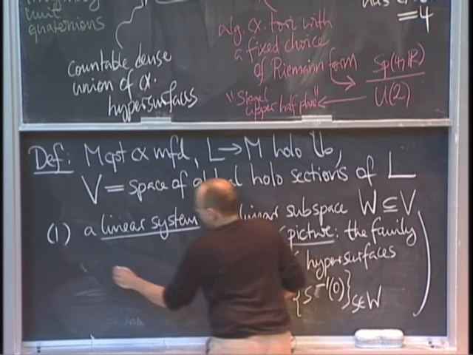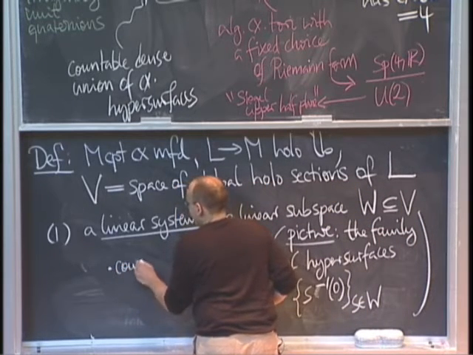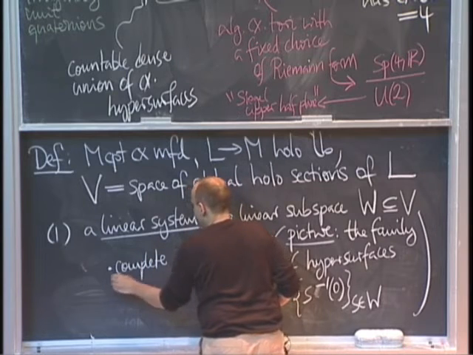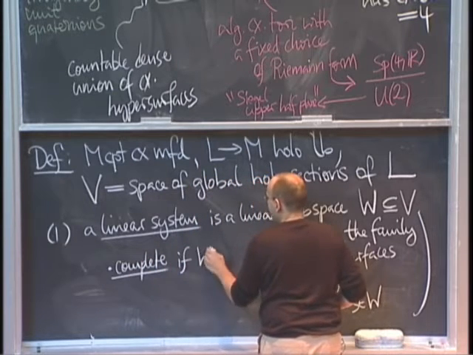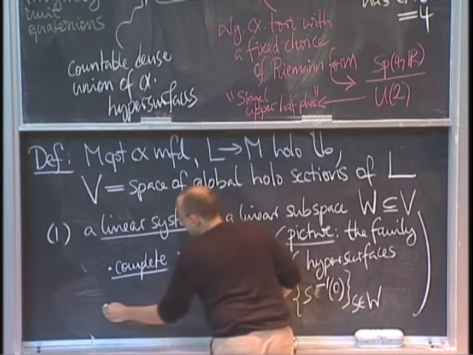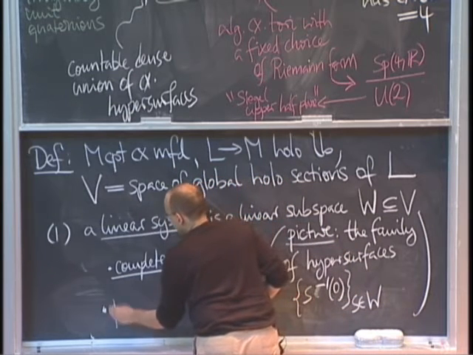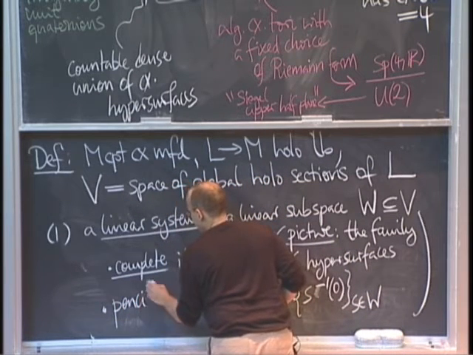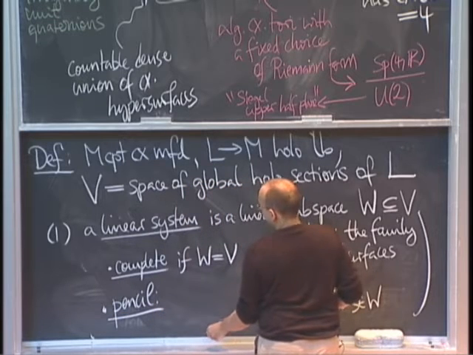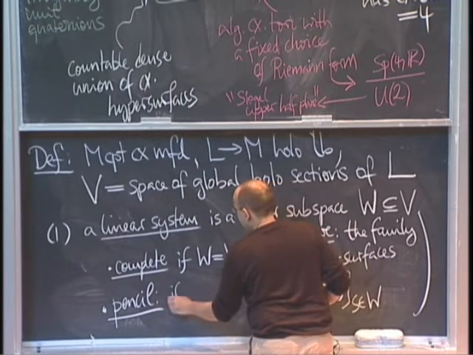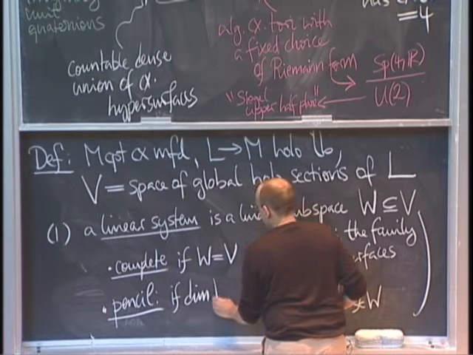And you say that the linear system is complete if W is V. So if it's the whole space of sections, and you say that it's a pencil if the dimension of W is 2.